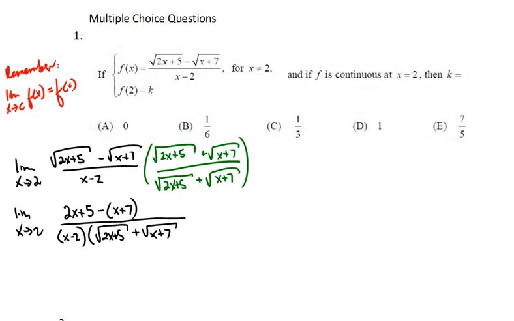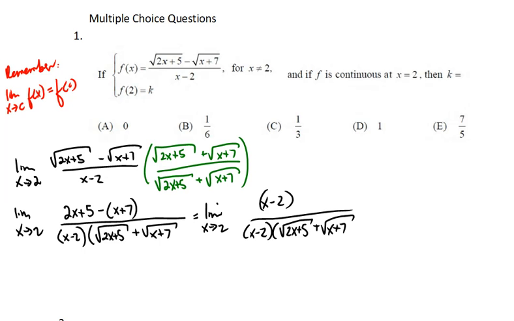Now we simplify our numerator, and that's 2x plus 5 minus x minus 7, so x minus 2. We use that to cancel with the x minus 2 factor in the denominator.